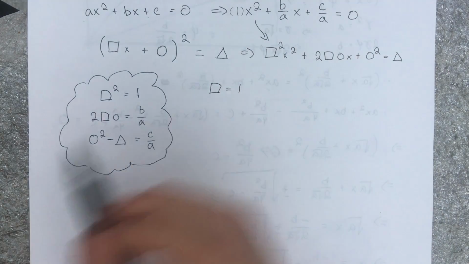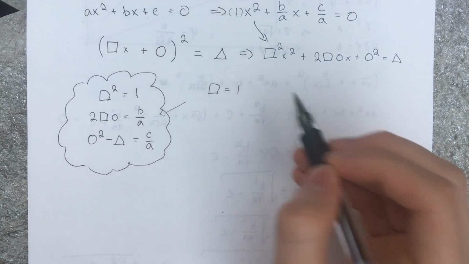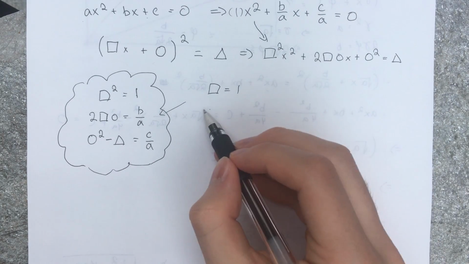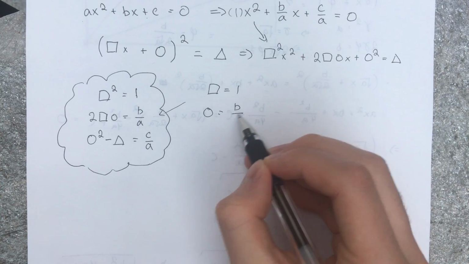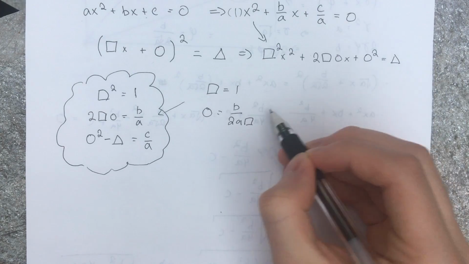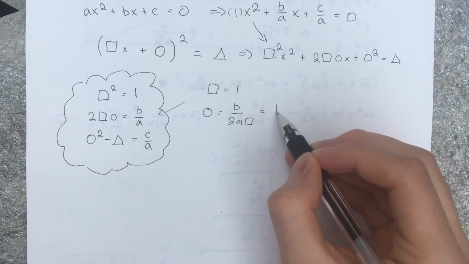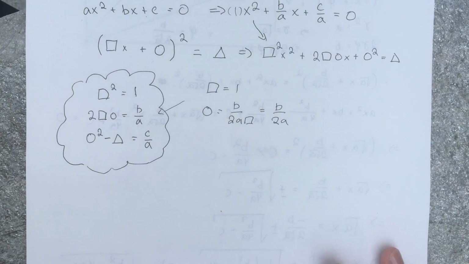Okay, that's nice. And if we plug this into the second equation right here, we'll get circle is equal to b over 2a square. And square is just 1, so that's just equal to b over 2a. That's pretty simple.